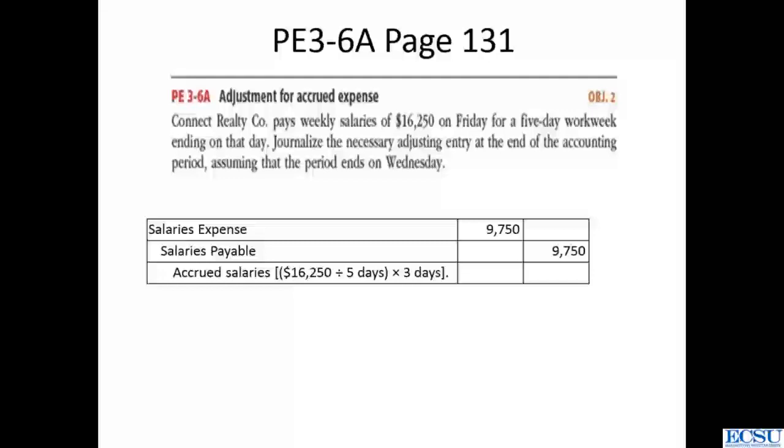So what we do is we divide and find out what is the amount of the daily rate. 16,250 divided by 5 will give you a daily rate of 3,250, and then times 3 would be 9,750. So that's how we'll be doing that journal entry whenever there are accrued expenses.